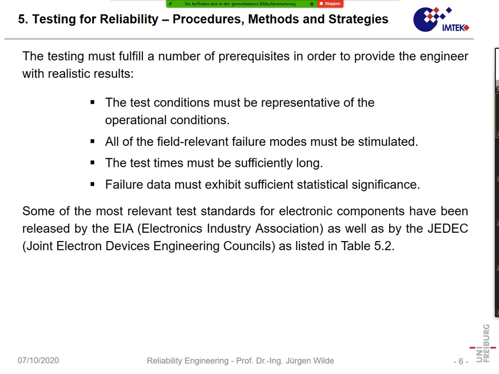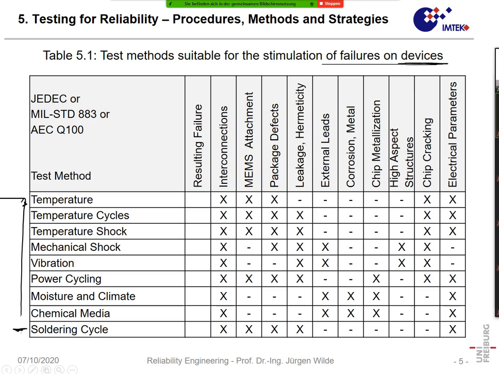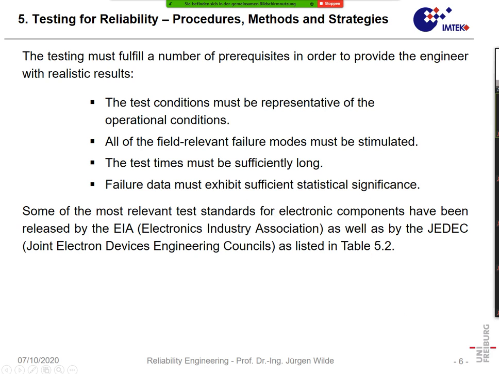On the other hand, that tells us, for instance, when there are no chemical media to be expected, then of course we can drop these tests. Or when there are special chemical media expected, then specifically for these solvents, for instance, or for these acids, we must test whether this can have an influence on reliability. The test times must be sufficiently long.